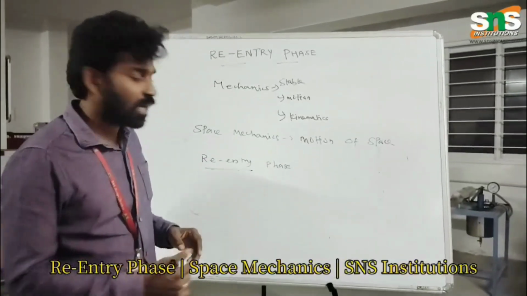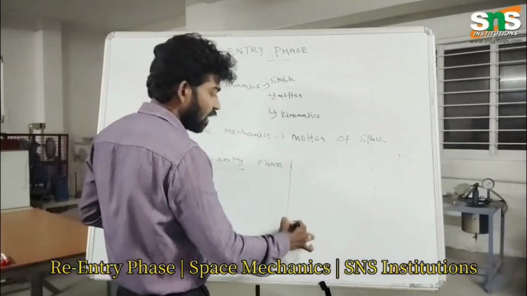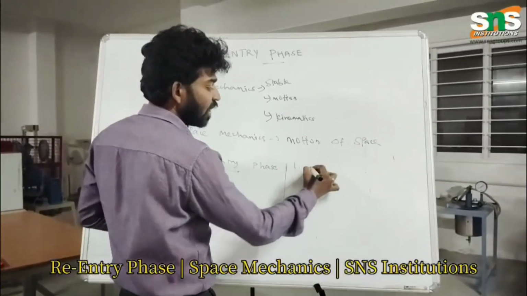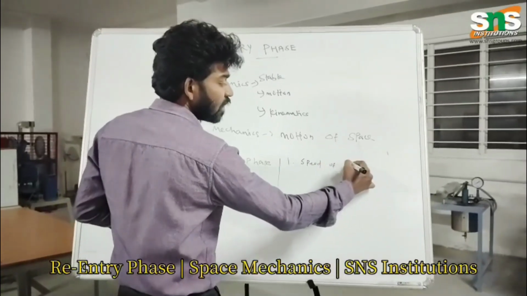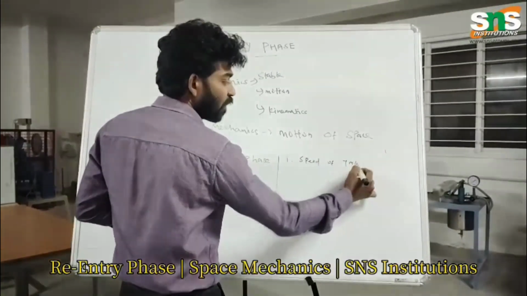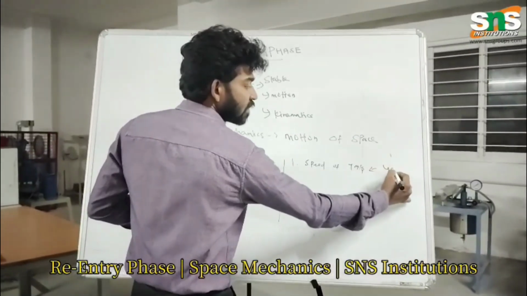The factors of a re-entry space vehicle include speed, with a minimum speed of 7 meters per second.